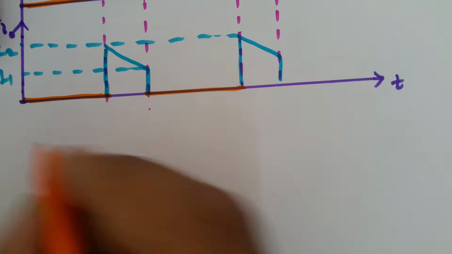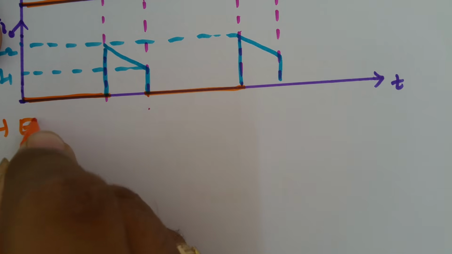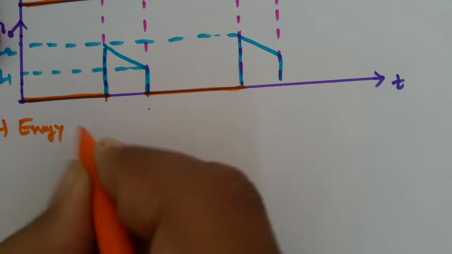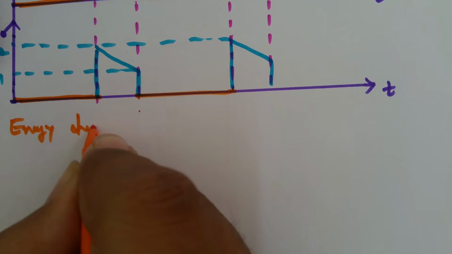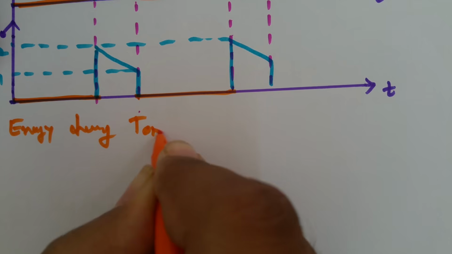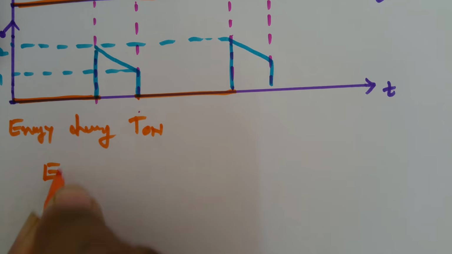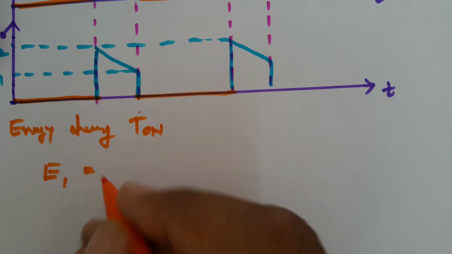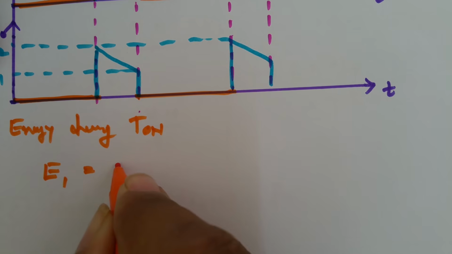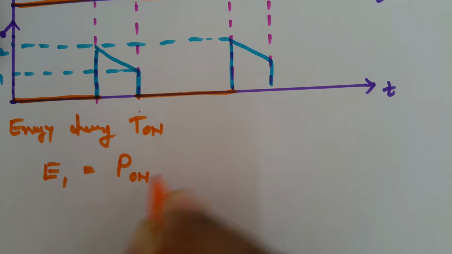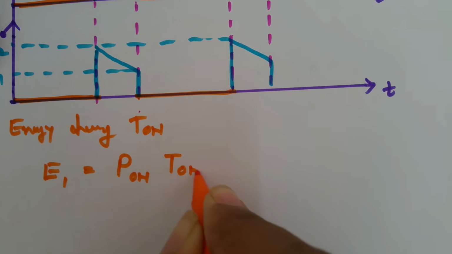So energy during T on, if I say that is E1, then that energy is equal to power during on into time period, that is T on.